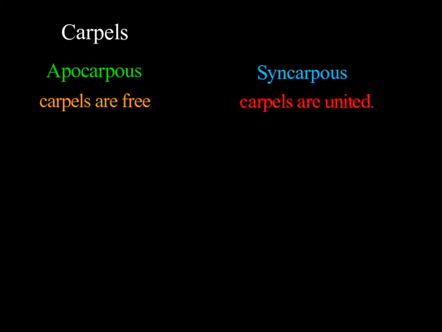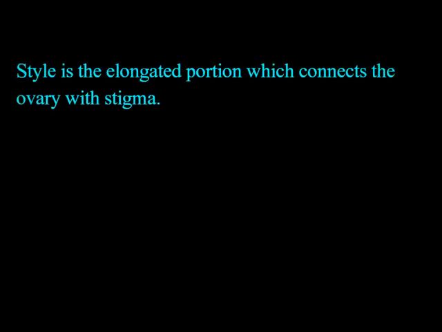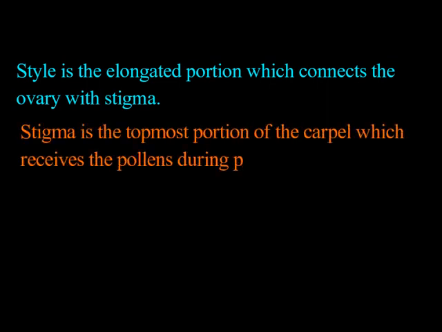The apocarpous condition is present in lotus, rose, etc., while syncarpous condition is present in mustard, tomato, etc. After fertilization, ovary develops into fruit while seeds develop from ovule. Style is the elongated portion which connects the ovary with stigma. Stigma is the topmost portion of the carpel which receives the pollen during pollination.